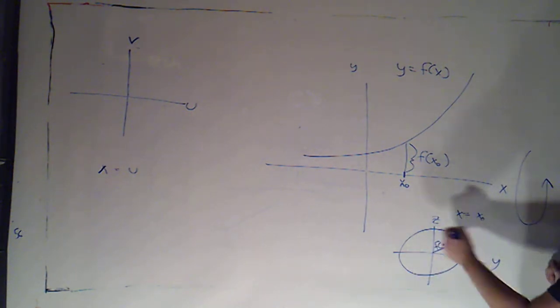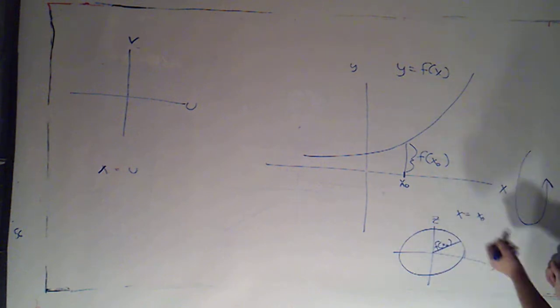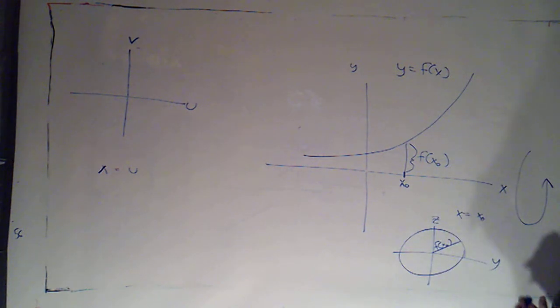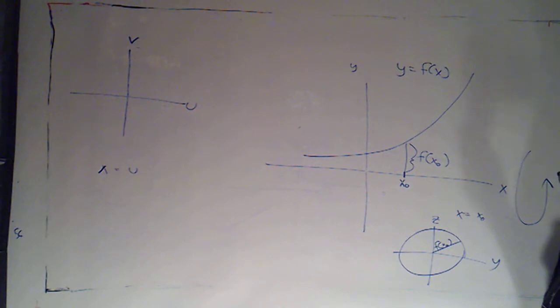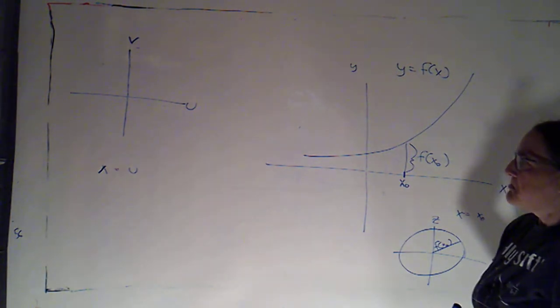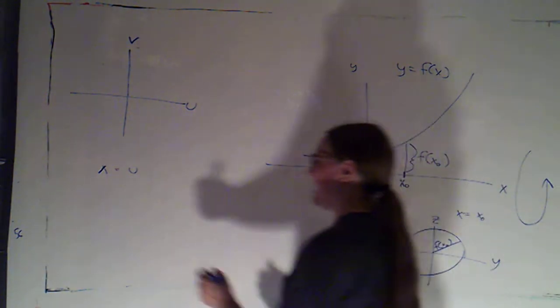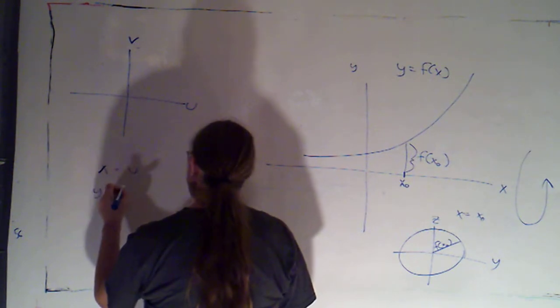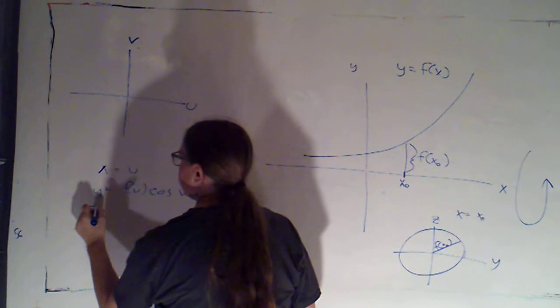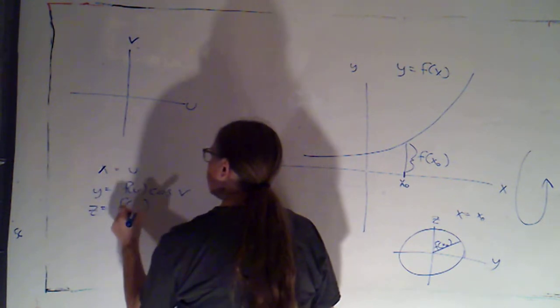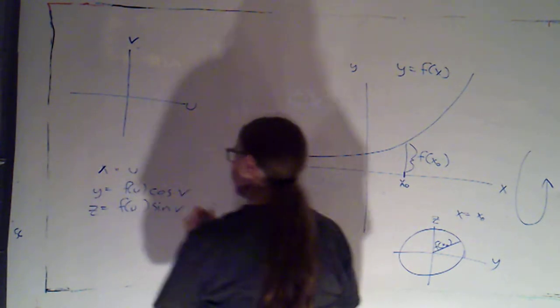Now I know how to describe a circle of a given radius. I'm going to let one of these variables be that radius times cosine of theta, and one of these be that radius times sine of theta, except I'm going to call theta v. So I would let y be f of u cosine v, and z be f of u sine v.